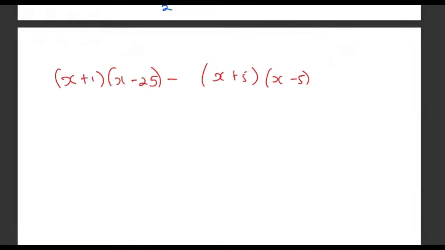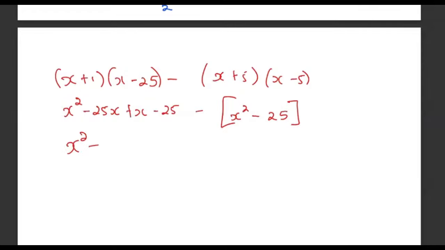So that's going to be x squared minus 25x plus x minus 25. We are subtracting. That's going to be x squared minus 25 because it's the difference of 2 squares, okay? When you open this up, it's x squared minus 24x minus 25 minus x squared plus 25.